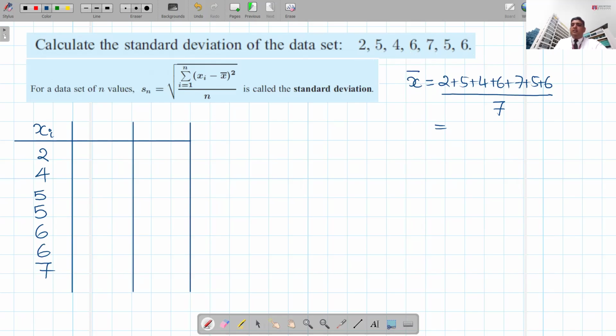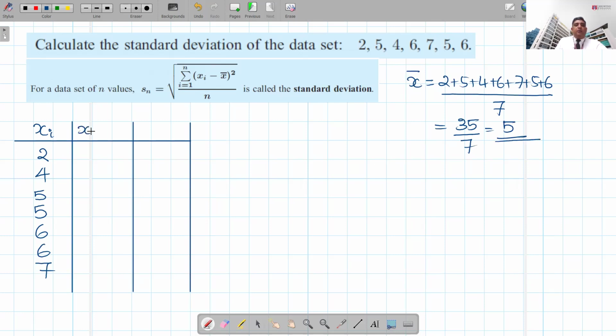I need to find the average or the mean of the data. So 2 plus 4 is 6, plus 5 is 11, plus 5 is 16, plus 6 is 22, plus 6 is 28, plus 7 is 35, and 35 divided by 7. So the mean is 5.